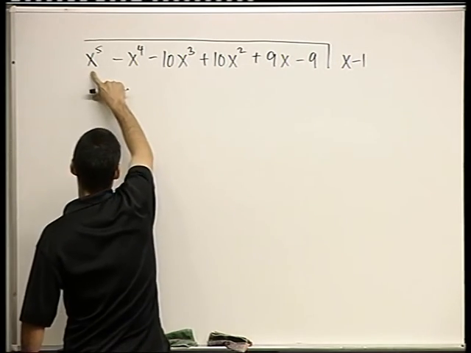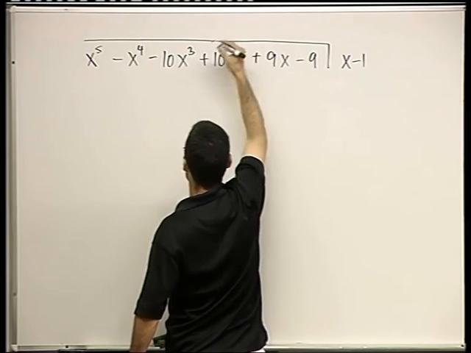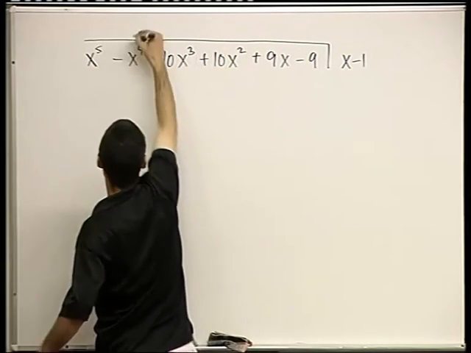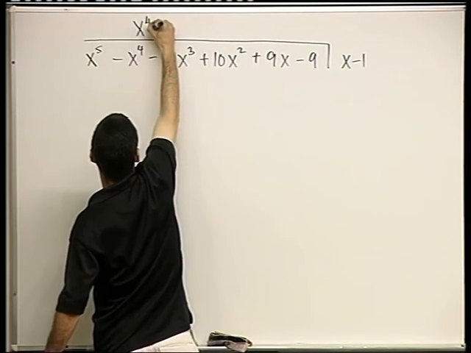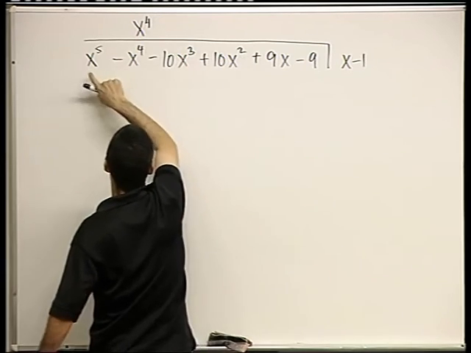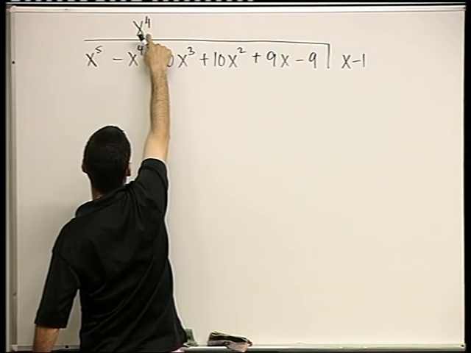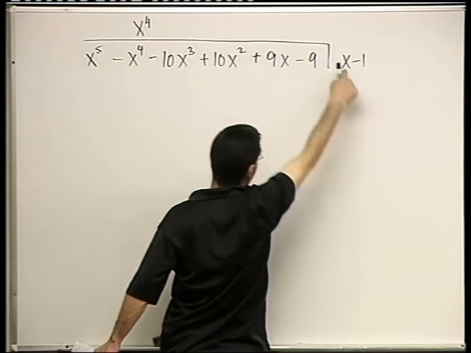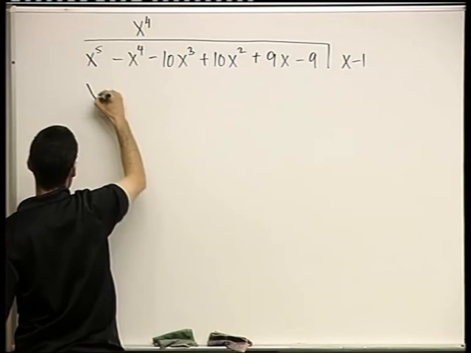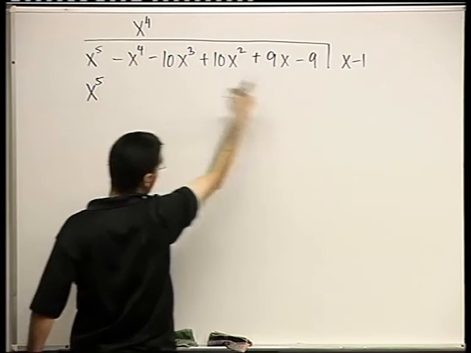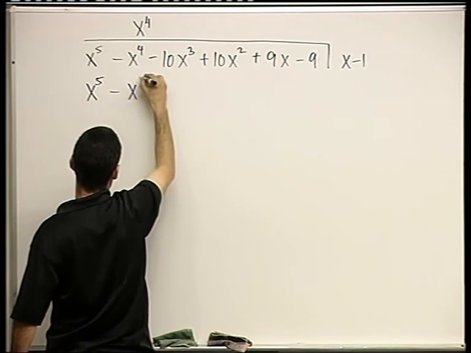So I divide x to the power 5 by x. I get x to the power 4. I'm going to write it here. I just divided the leading power. x to the power 5 divided by x is x to the power 4. x to the power 4 times x minus 1 is x to the power 5 minus x to the power 4.